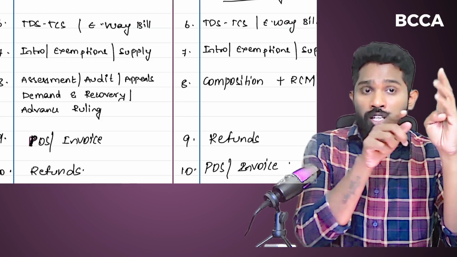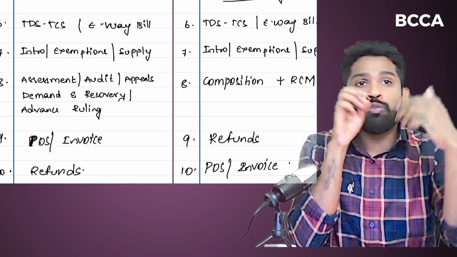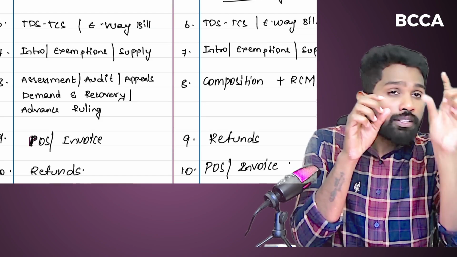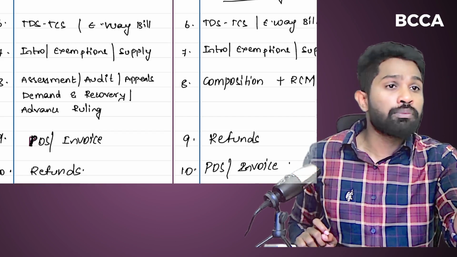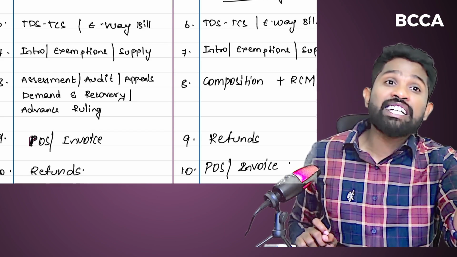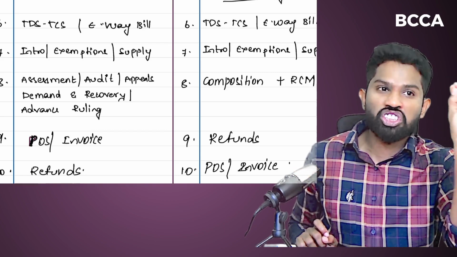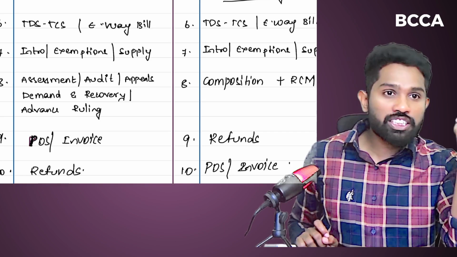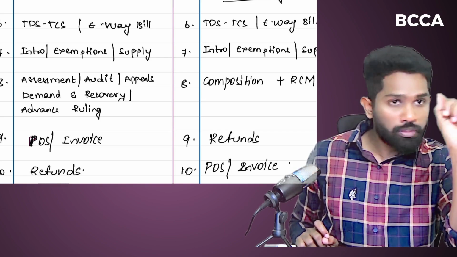In the new syllabus there is a separate chapter: vision of GSTN, mission of GSTN, advantages of GSTN, and functions of GSTN. So hardly 4 questions on GSTN. There are high chances of one question from this, so don't miss that.